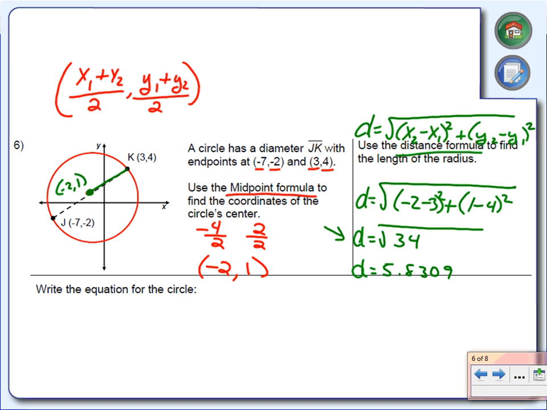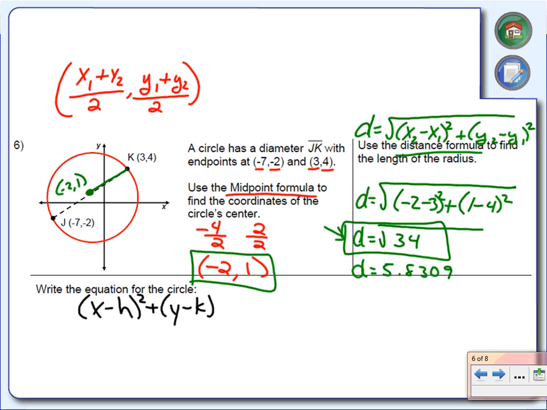All right, so now that I know my center, I know my radius, let's write the equation. Here we go. Remember, the equation is, write it down, okay. Here's what we're looking at.